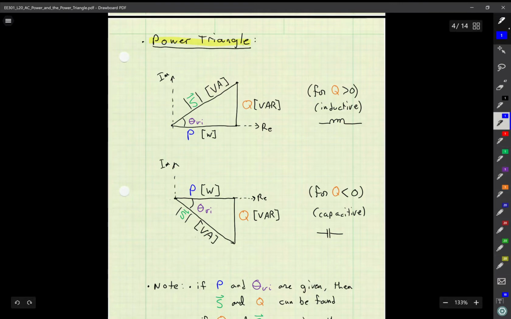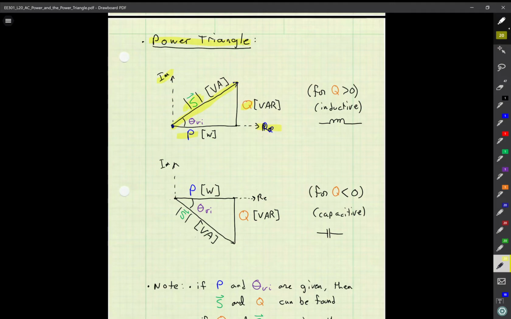So if I were to look at this as my origin, and my x-axis is the real axis shown here, and the y-axis is my imaginary axis, then all I'm doing is plotting a single vector, S. But now I'm going to look at that graphically as a triangle, and I'm going to define that triangle either as coordinates in a rectangular system, which is P on the real axis and Q on the y-axis, or the imaginary axis, and the hypotenuse is the magnitude of that complex vector. We call that apparent power.